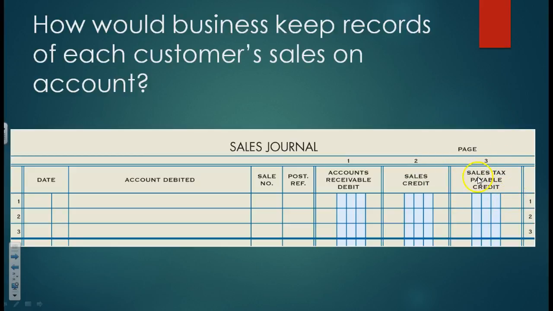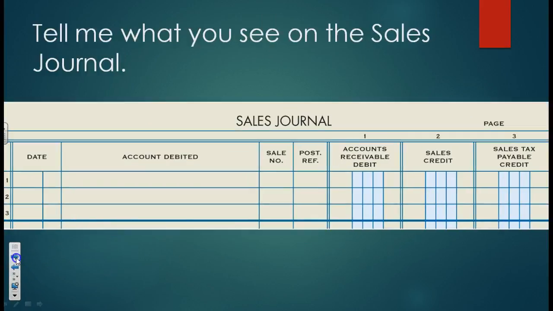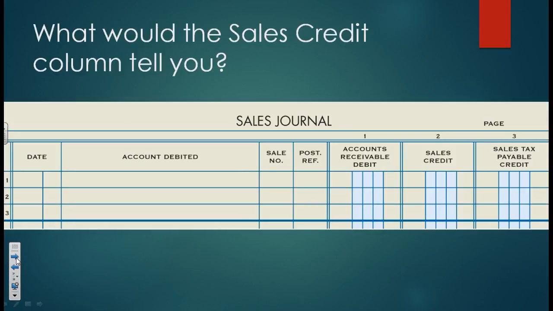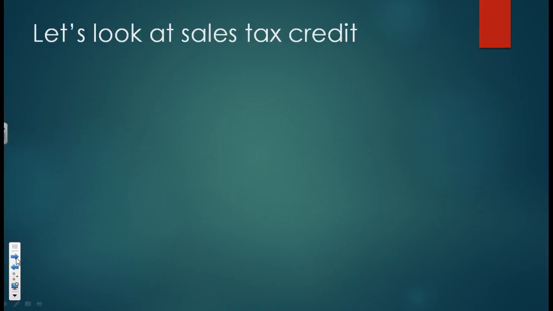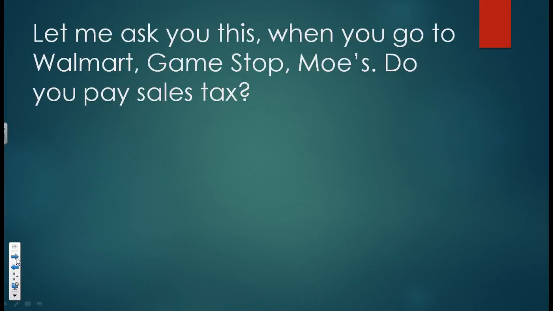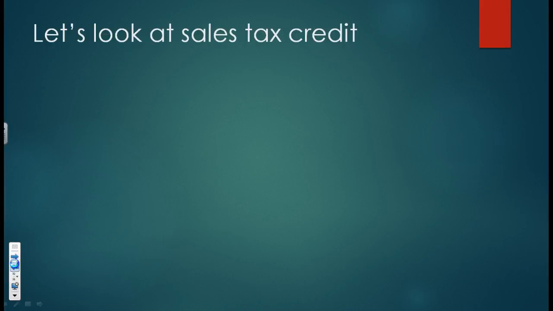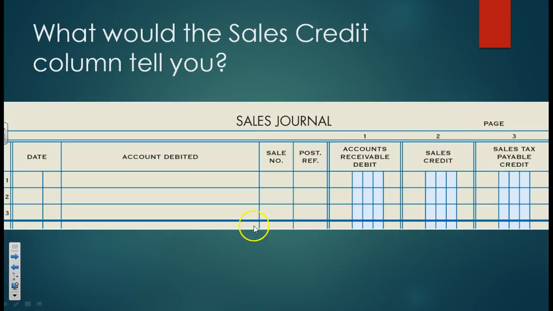And then, of course, this interesting column here called sales tax payable credit. So what would the sales credit column tell you? And then there's also the sales tax credit right here.